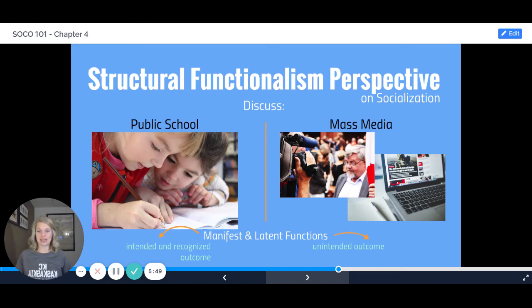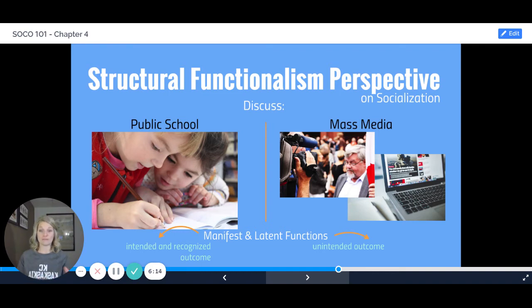It wasn't intended, but it kind of came about. We are all able to go to work and do things because we have this system where our children are taken care of while we're at work or earning a living. So that's those manifest and latent functions. And then we could go on for examples with the mass media. Well, what is the manifest function of mass media?